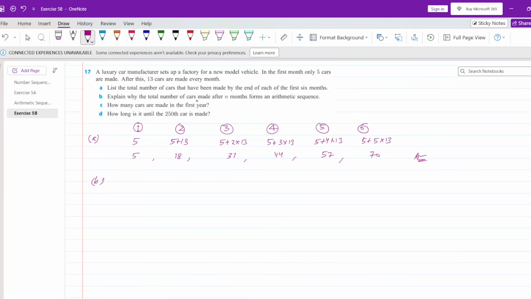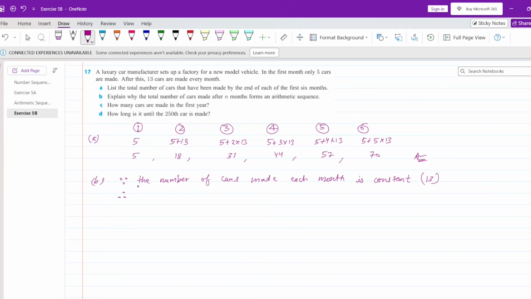Explain why the total number of cars made after n months form an arithmetic sequence. Since the number of cars made each month is constant, and what that constant is, it is 13.